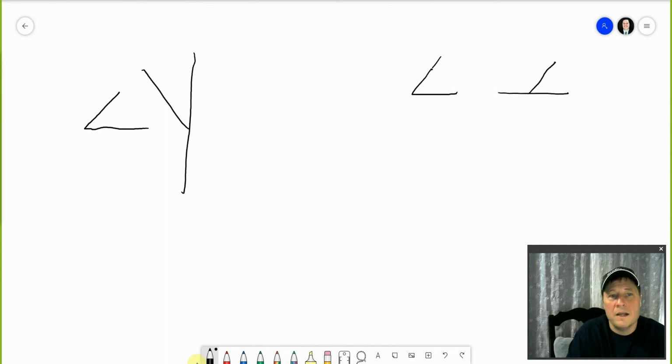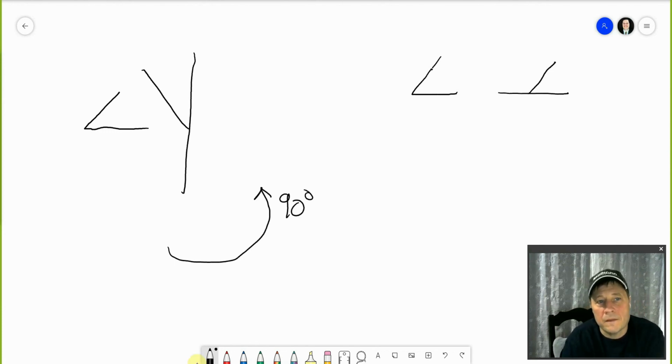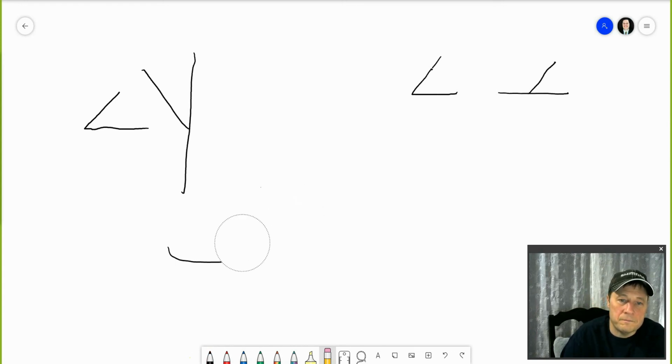What I've done now is I've taken this and I have rotated it 90 degrees. You see it? This is this, rotated 90 degrees. So here's the rule for this principle: two angles are either equal or supplementary if their corresponding sides are perpendicular.